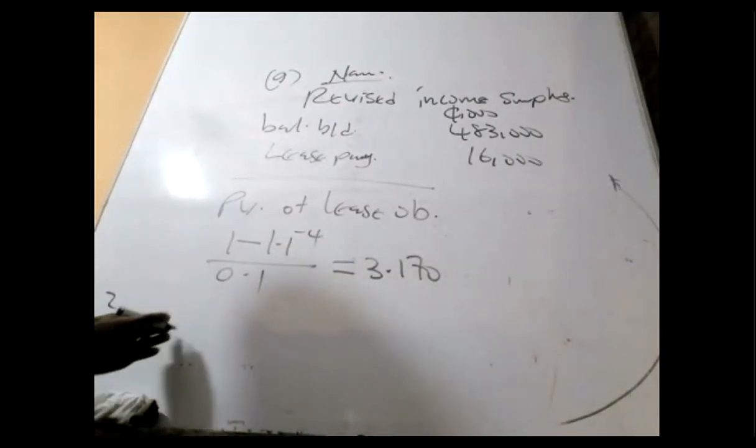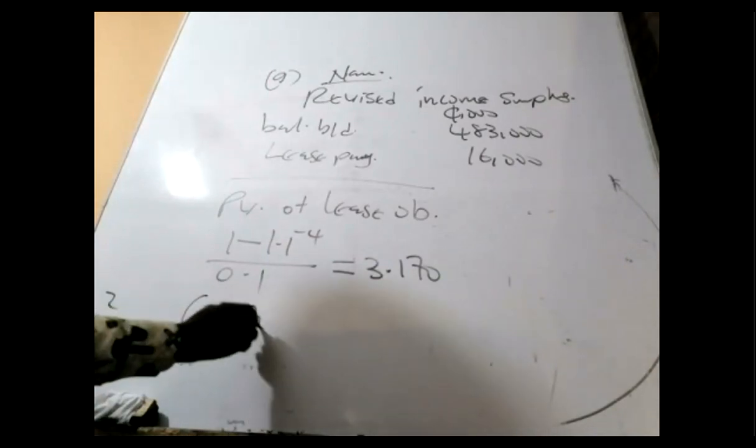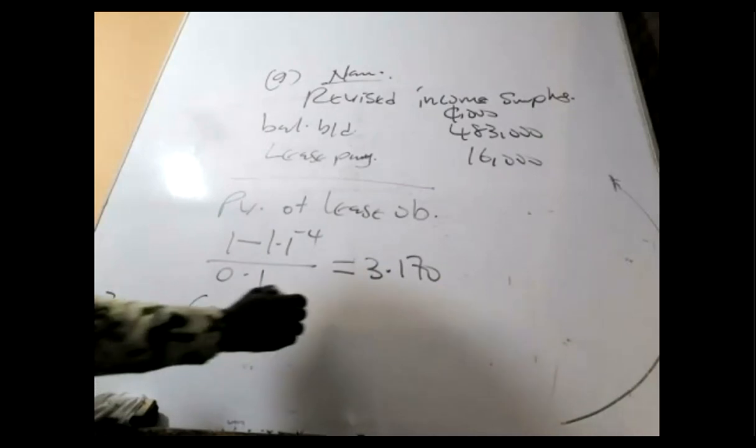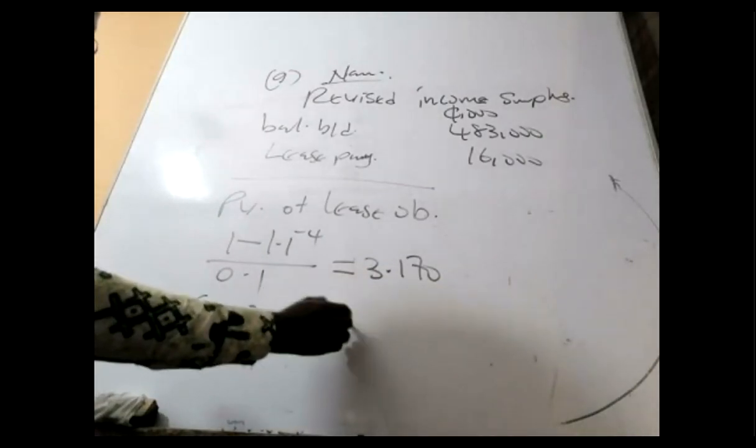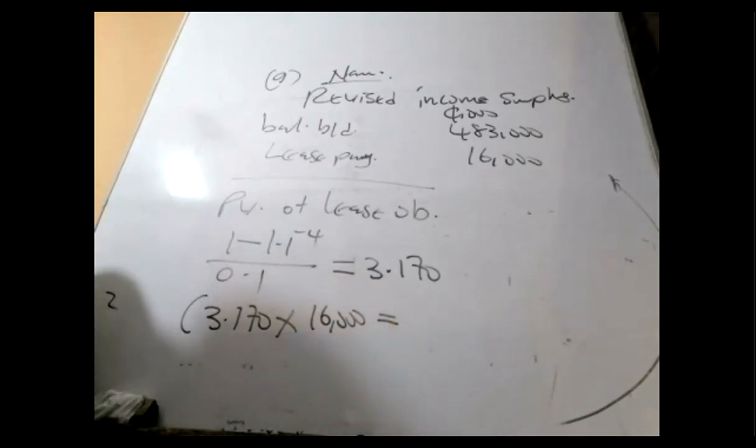So therefore, to get the present value, this annuity factor times the payment, which is 16,000. So 3.170 times 16,000 should give us the present value of the lease obligation.